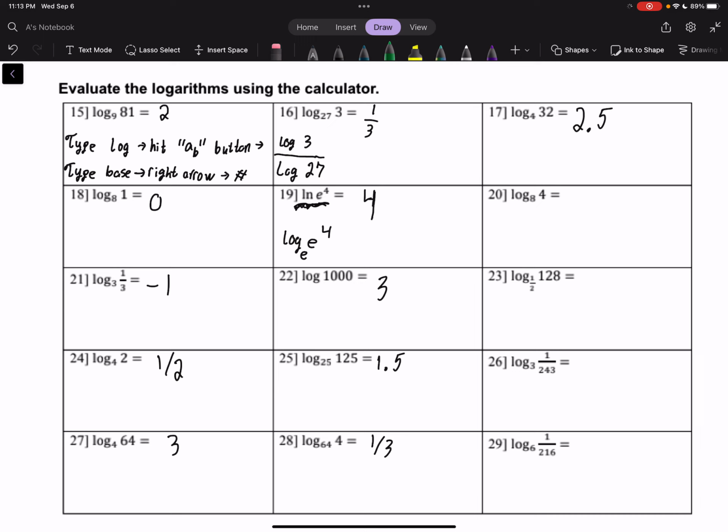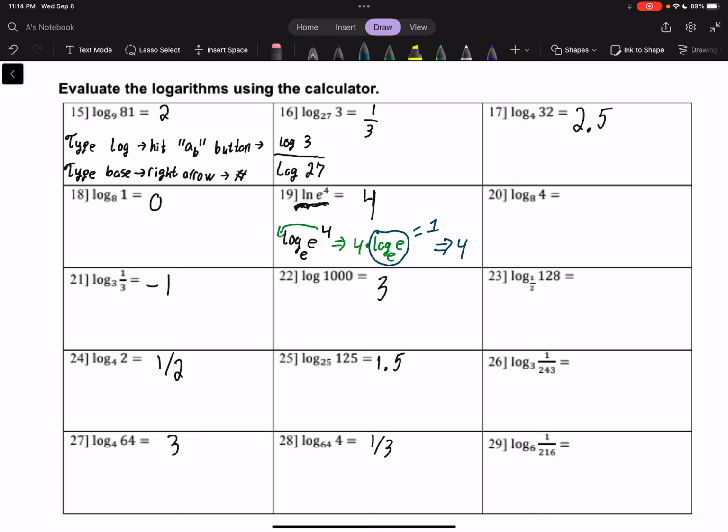If you have a log base something, if you have an exponent in a log, you can move it out front. This is 4 times log base e of e. And log base e of e is just equal to 1. So this is just 4.